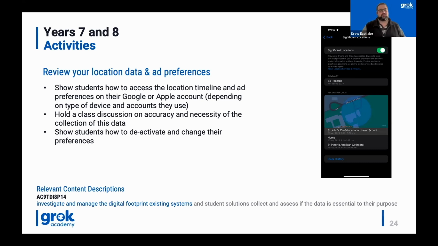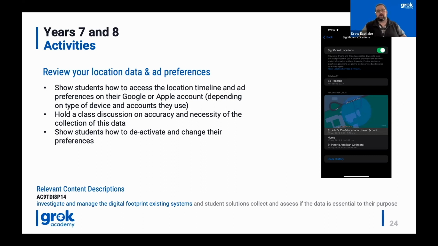For this presentation, I turned mine on, and you can see here that from the 16th to the 25th of May, it recorded 63 records. 63 times Apple took my location and said, I'm just going to keep hold of this for the moment. And there are 3 particular places that I visit the most. That's good for me because I work from home, so I'm not traveling about.